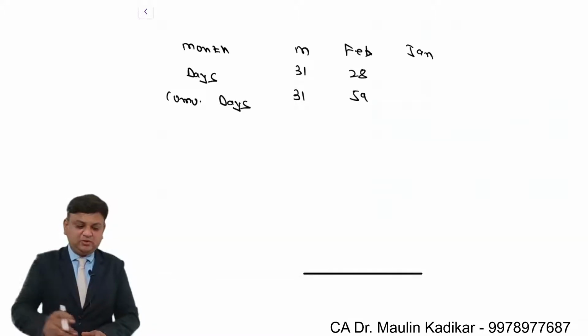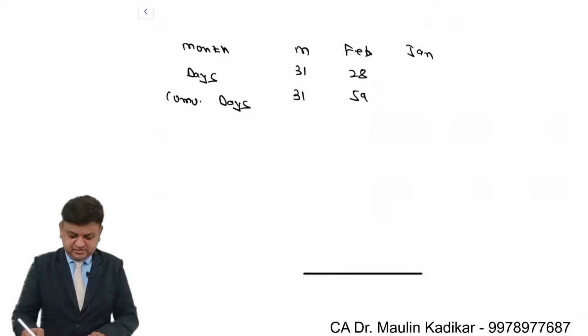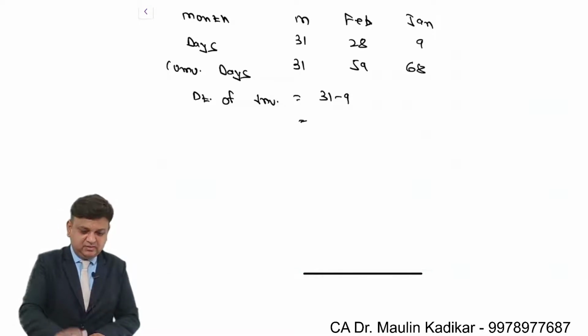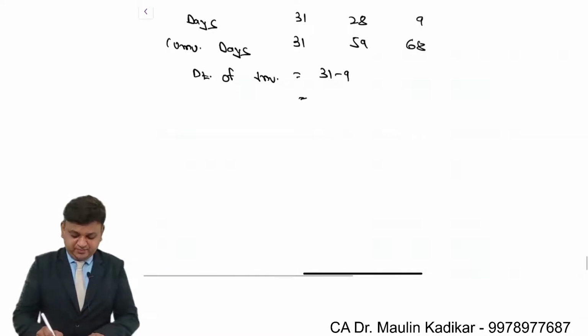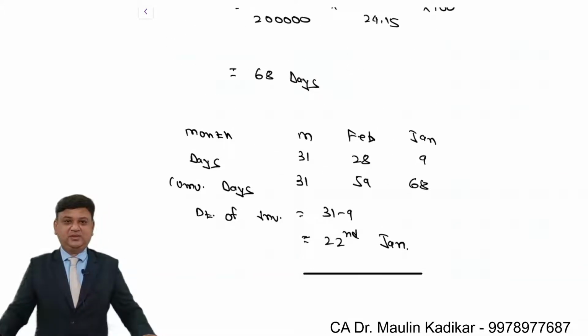In January, we do not have to take the entire amount, 68 minus 59, that is 9 days. So the date of investment is 31 minus 9, that is 22, that is 22nd January. That is the date of investment.